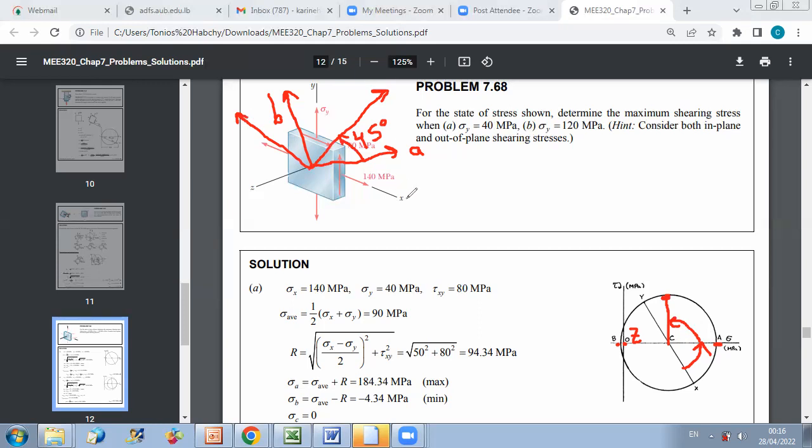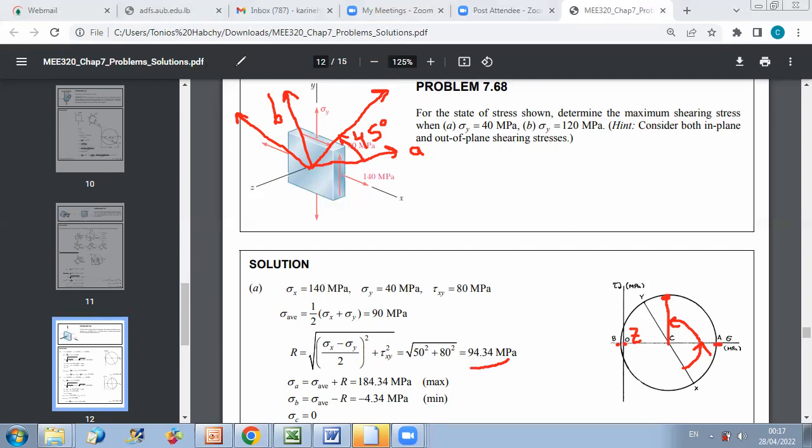Now, the second step is to determine the value of the maximum shear stress. So we can say that here, for the first case scenario, we have maximum in plane shear stress, and it's equal to the radius of circle AB. And the radius of this circle is simply the radius of Mohr's circle in the XY plane, which is 94.34 megapascal.